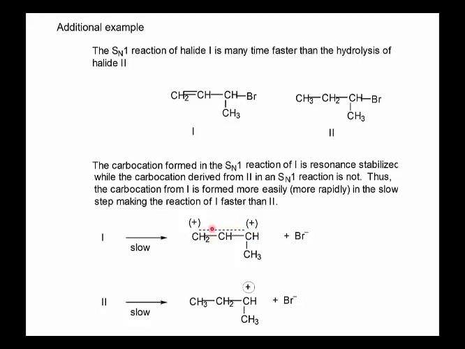It's a set of those 3 overlapping p orbitals that allows for the delocalization of pi electrons, there's 2 of them, and charge. And that's what largely stabilizes that.